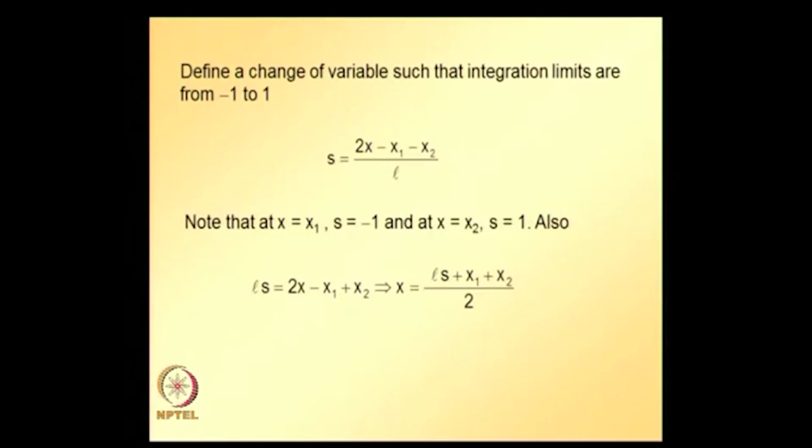From the first equation you have the relation between s and x, and rearranging it we get the relationship between x and s, which after taking the derivative on both sides, we obtain this, which can be rearranged such that ds over dx is equal to 2 over L. And if you see the functional, we have the derivative of T with respect to x. So there we will be using this relation ds over dx.